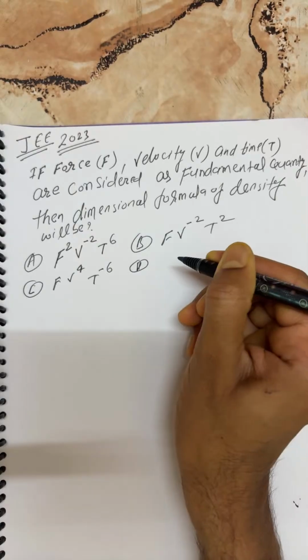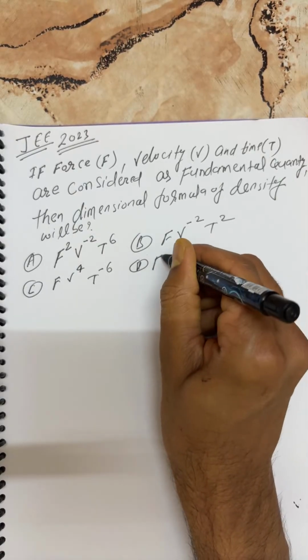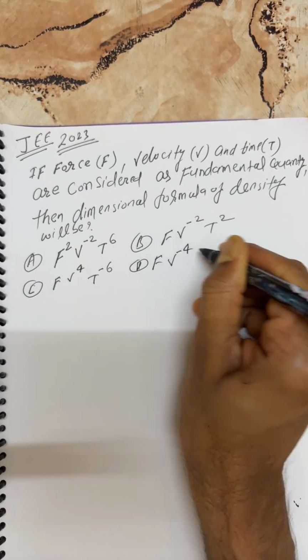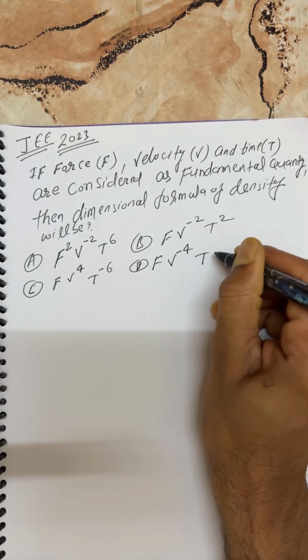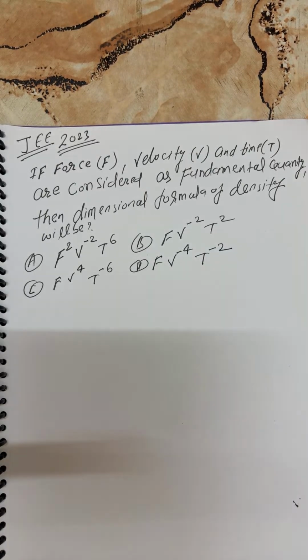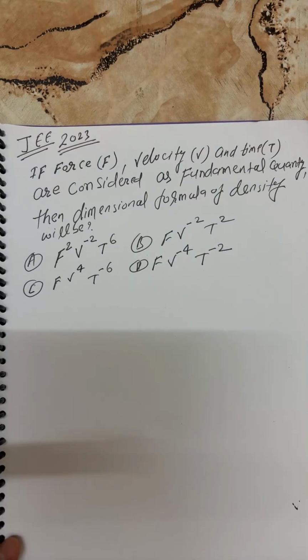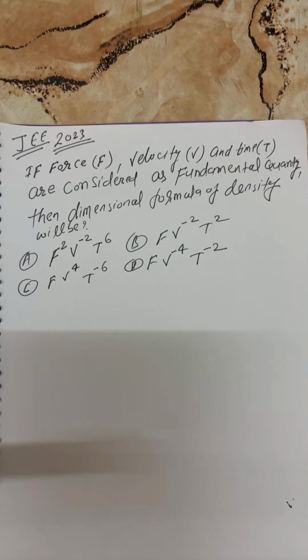And Delhi, F V to the power minus 4, T to the power minus 2. Yes, this is the question. So be active here in the classroom, beta.